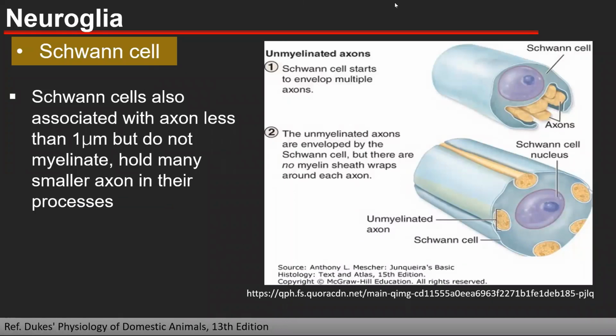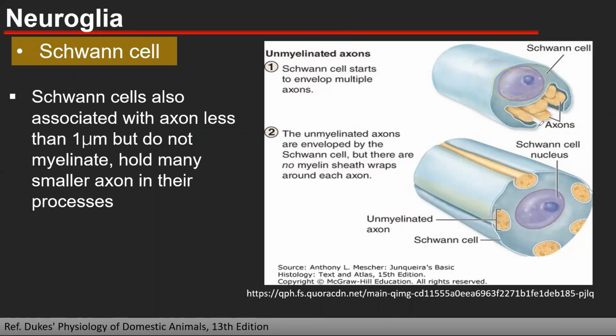regeneration of the nerve. Schwann cells are also associated with axons which are less than 1 micrometer in diameter. These are unmyelinated axons. So the Schwann cell envelops multiple axons. These are the axons, and this is the Schwann cell with its nucleus.